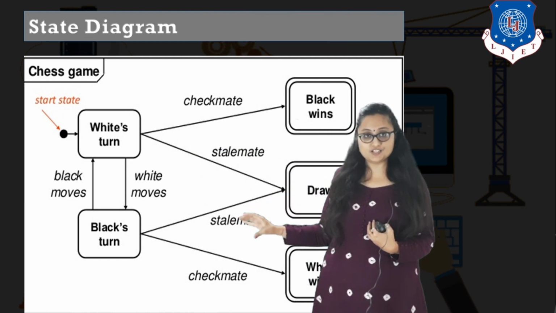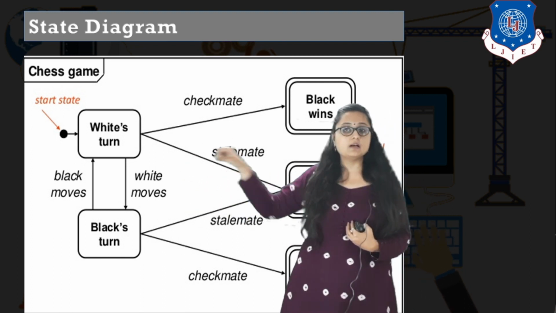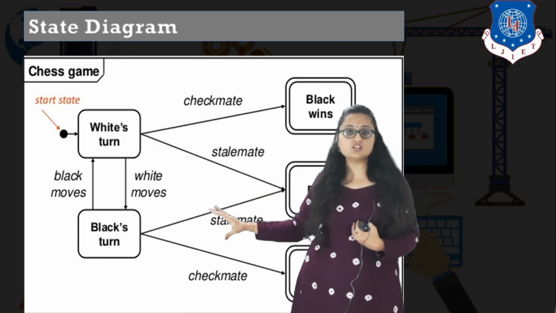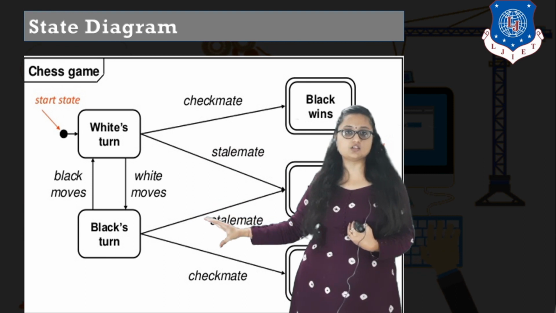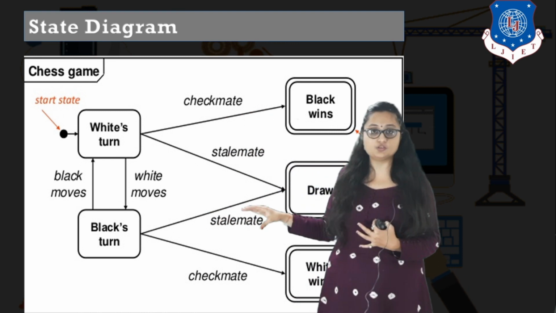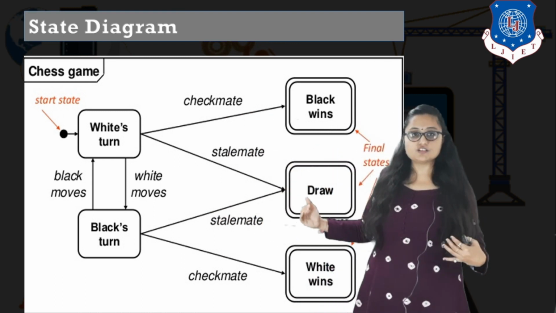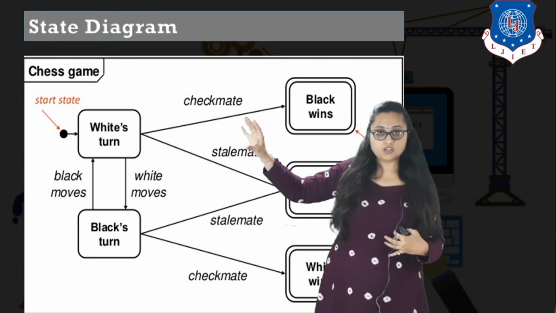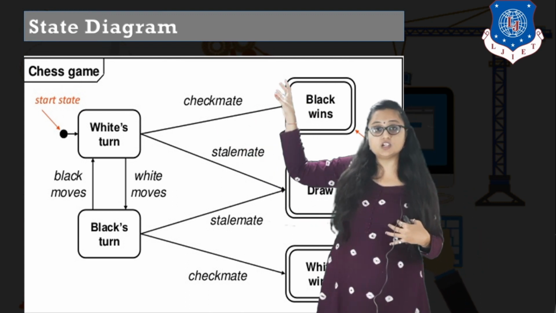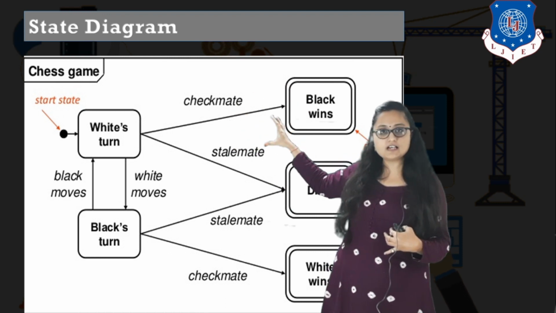Again, when black is performing the move, right? So that is an action which is performed, black move. Again the transition of state from black's turn is going to white's turn. So this is a loop which is being executed until when, so there are conditions. If there is a white turn, if you are in this state and if the action that is occurring is checkmate, then it means that black wins.